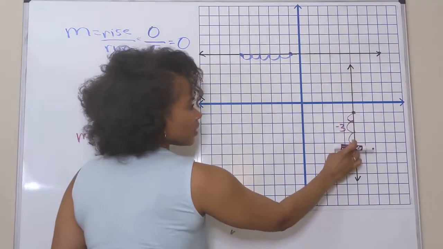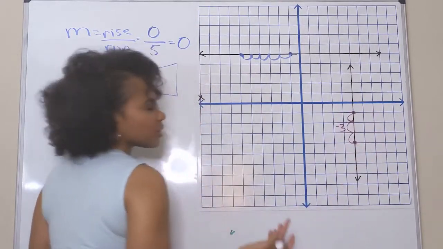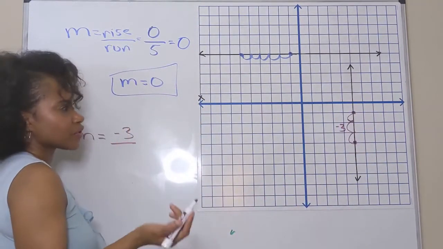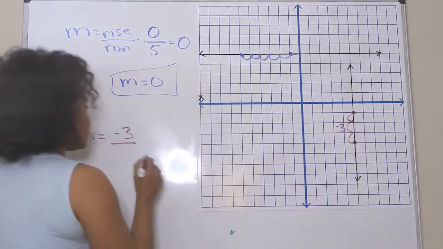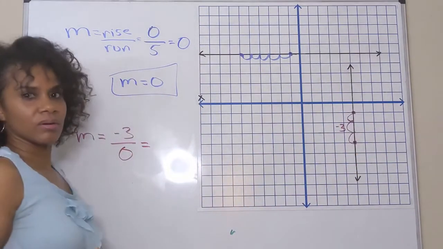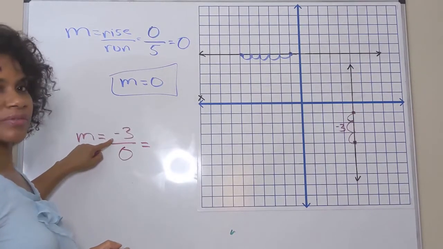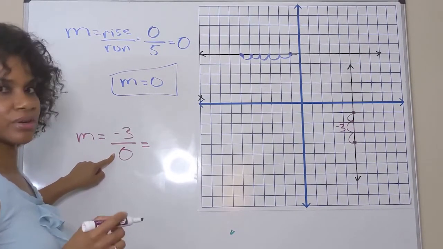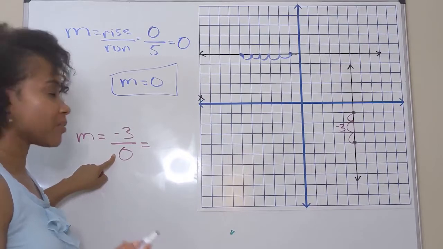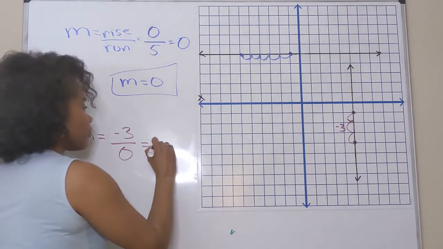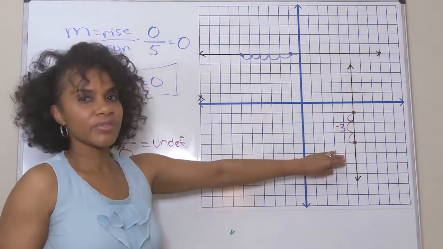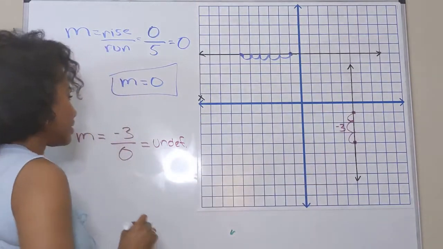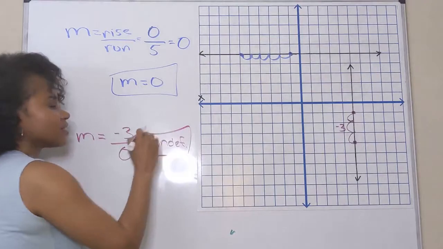If I would have gone up, it would have been a +3, but doesn't matter. I'm going to show you why. And then I can't go over left or right. So my run is 0. Remember, when you reduce a fraction, if you have 0 in your denominator, you cannot divide by 0. So that fraction is actually undefined. And so the slope of every vertical line is an undefined slope.